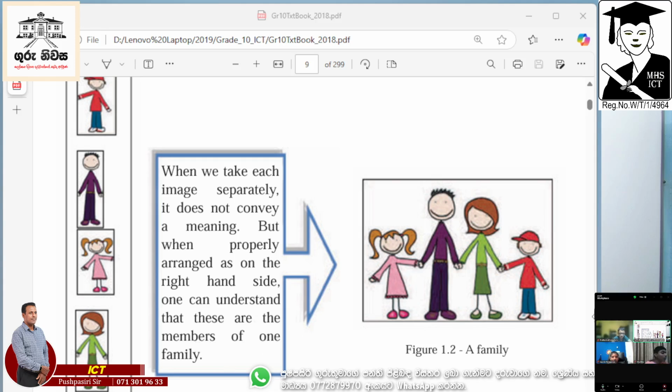Right? When you take that alone, it does not mean anything, but if they are in a process or way of organized arrangement, then it becomes meaningful. So it's something like this is data and this is information.